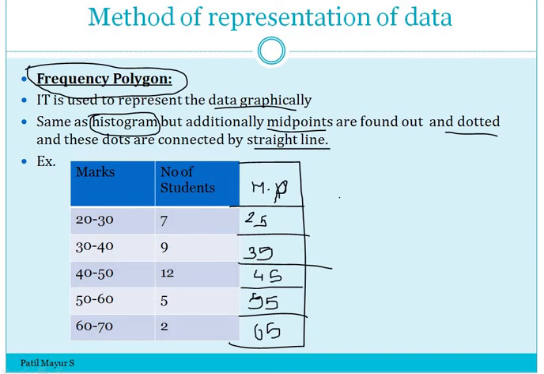Simply the lower limit plus the upper limit divided by 2. Here 20 plus 30 divided by 2, it becomes 25. Okay, simply we have found the midpoint.